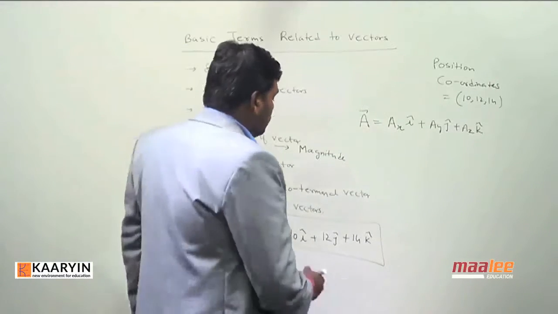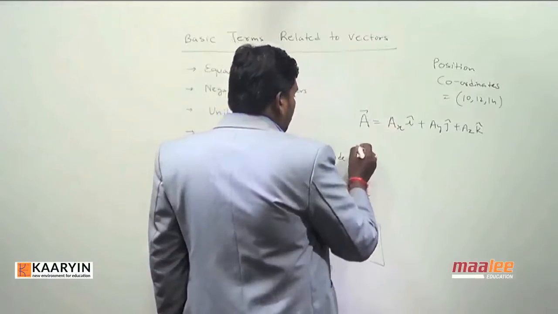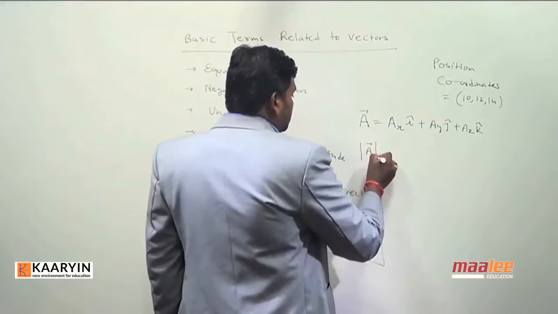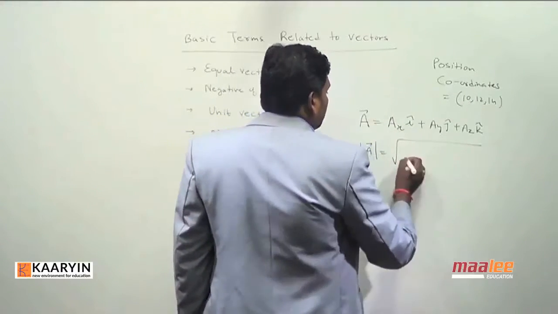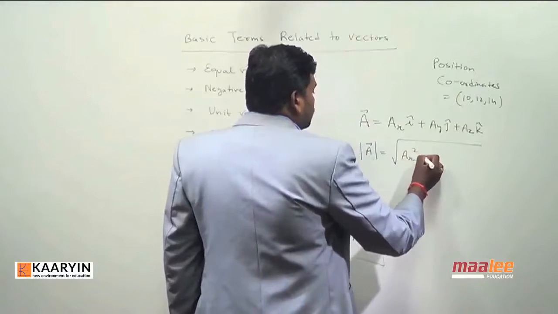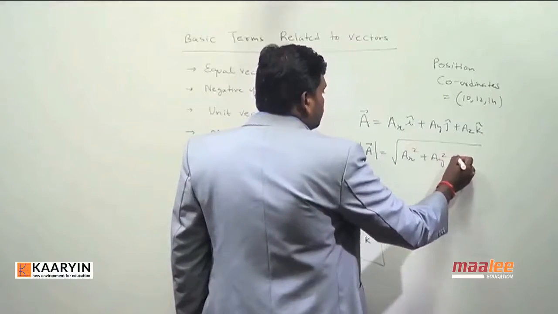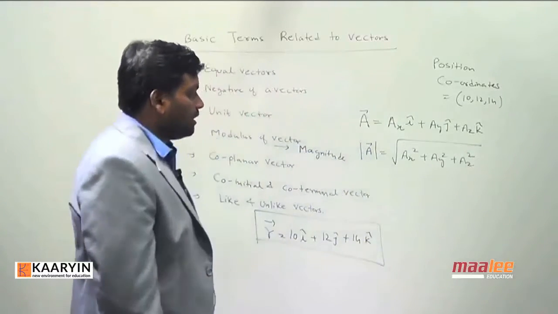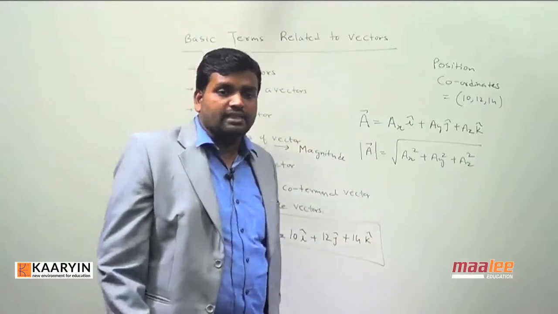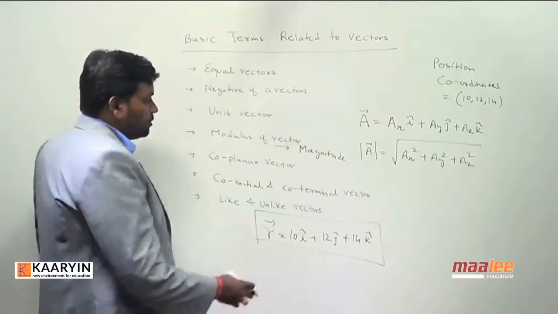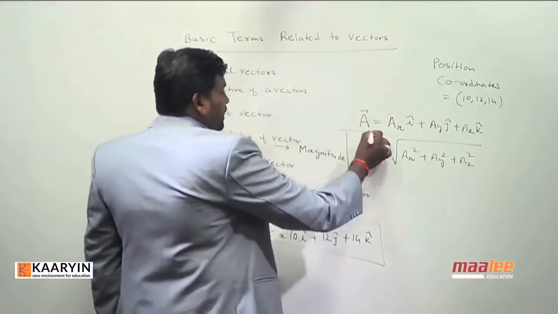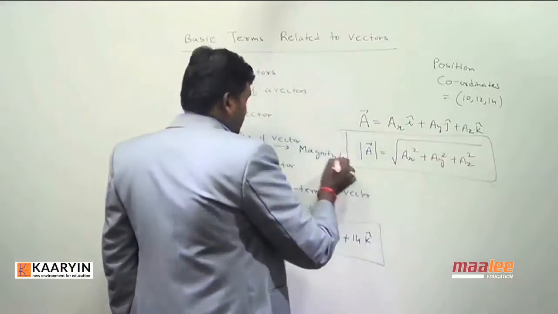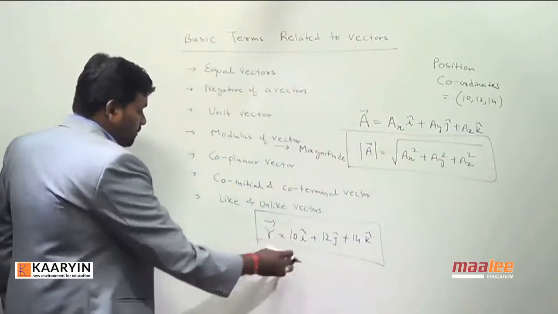If we have to find magnitude of this, we will take root of Ax square plus Ay square plus Az square. Okay. So, this is the formula to find out magnitude of a vector. You can apply the same formula here.